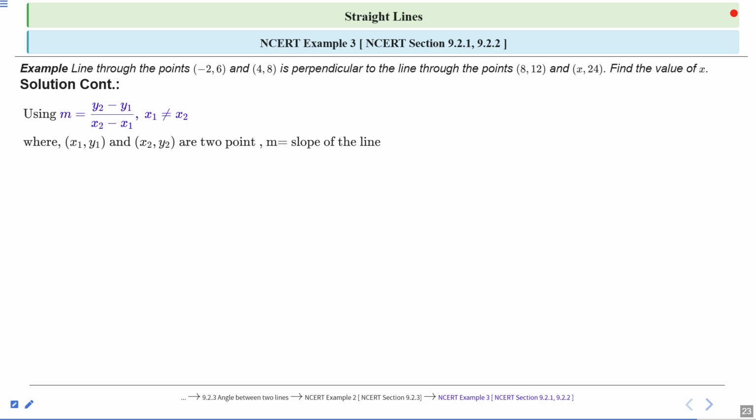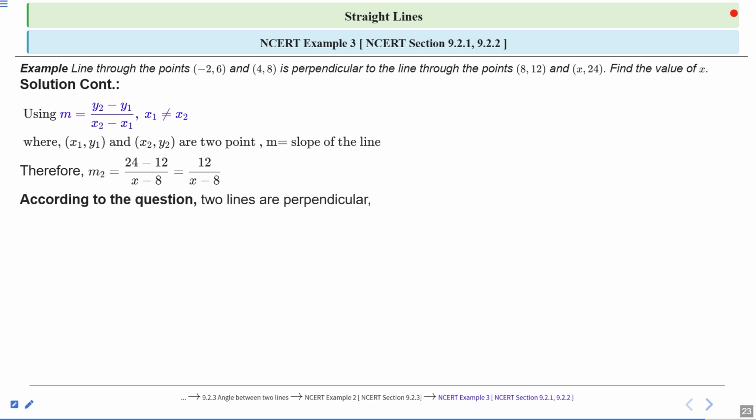Substituting (x1, y1) as (8, 12) and (x2, y2) as (x, 24), we obtain m2 = (24 - 12)/(x - 8), which is equal to 12/(x - 8).